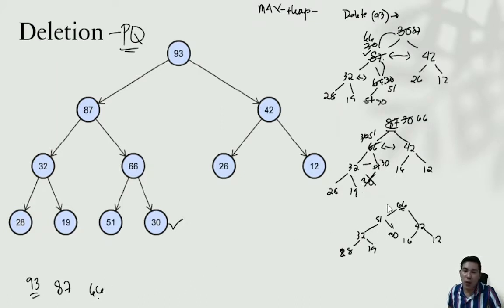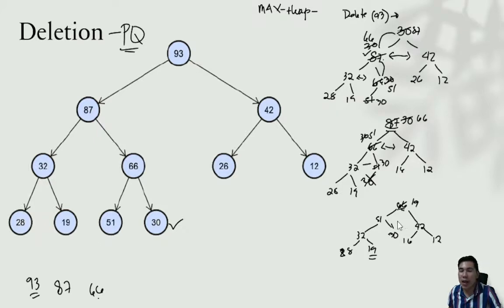When you delete 66 again, you have to find the deepest node. You have here 28 and 19, but since the last inserted is 19, 19 will swap here, into the parent node. So you have here 19, and as you can see, which is greater between its children, 51 and 42?